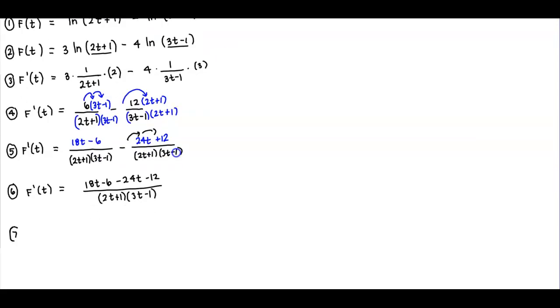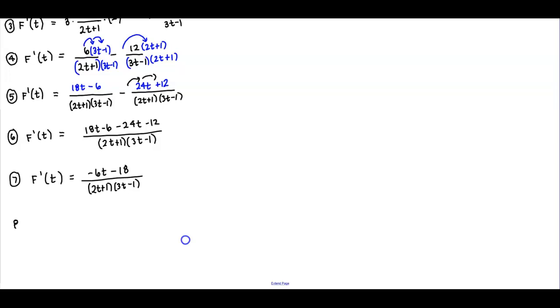And so now we can combine like terms in the numerator. The derivative of this function is going to be 18t minus 24t, which is negative 6t, and minus 6 minus 12 is minus 18, all over 2t plus 1 times 3t minus 1.